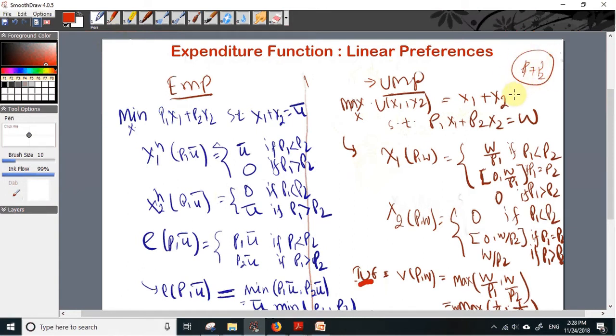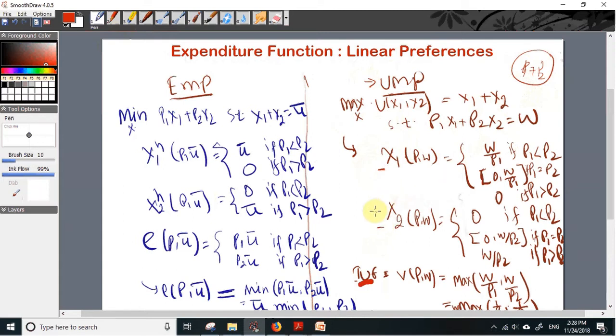So if the prices are not equal, the consumer's optimization will always lie at a corner point, and we solve this simply by equating the marginal rate of substitution and the price ratio, and we determine which commodity the consumer wants to consume.